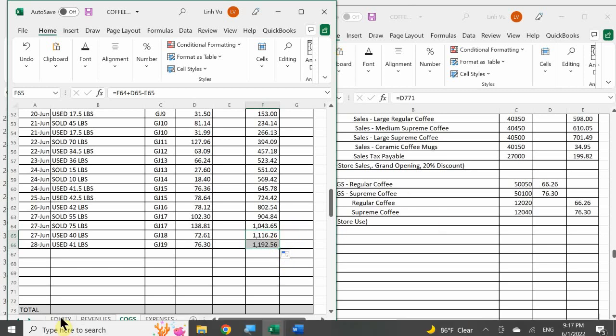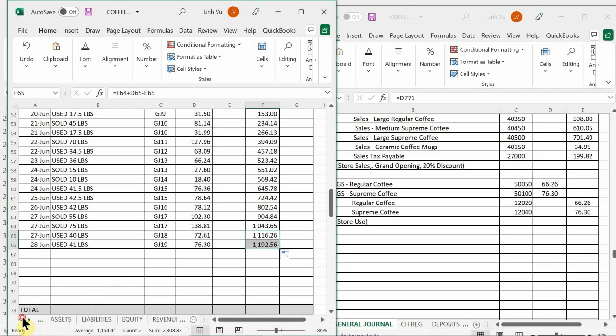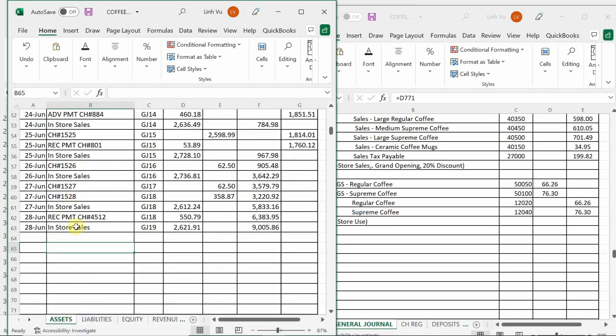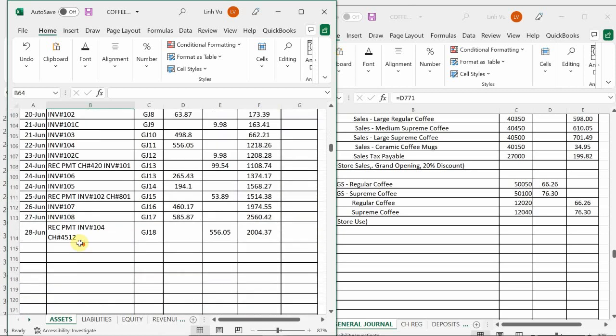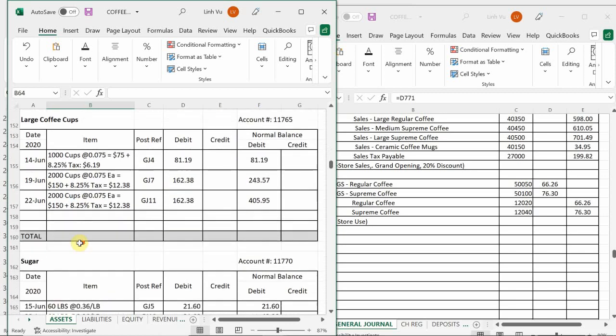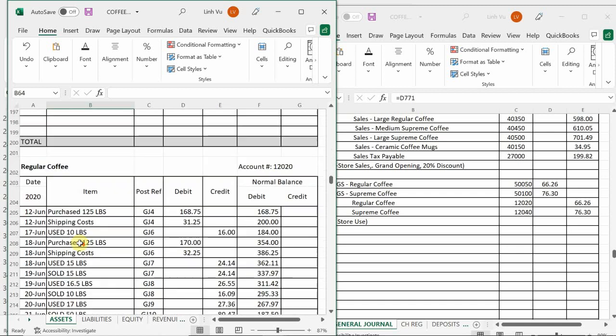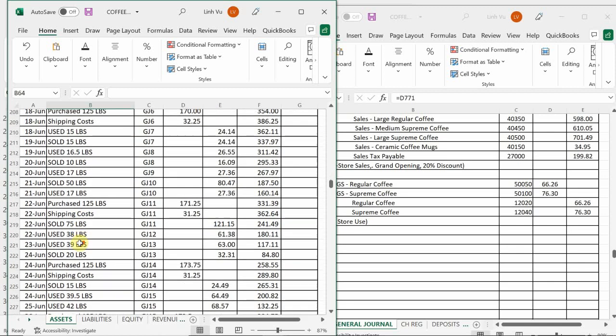Okay. So let's go ahead and update my ledger or my inventory accounts just so then I can confirm that my inventory worksheet is correct. So here's my regular coffee.